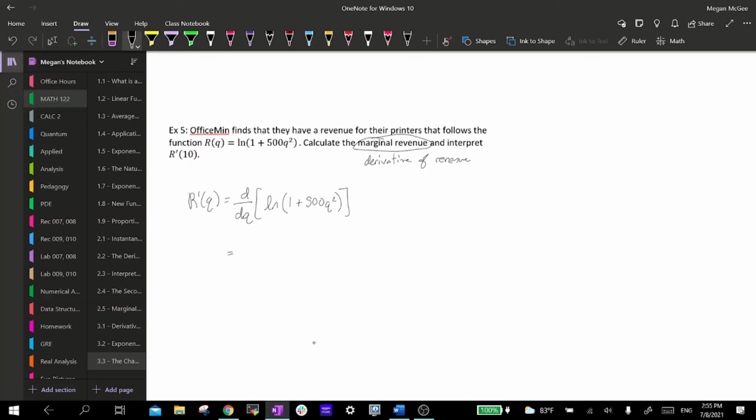So we're going to need to use the chain rule, where we know the derivative of the natural log is 1 over the inside function. So 1 over our inside function, which is 1 plus 500 Q squared, and then multiply that by the derivative of the inside function.